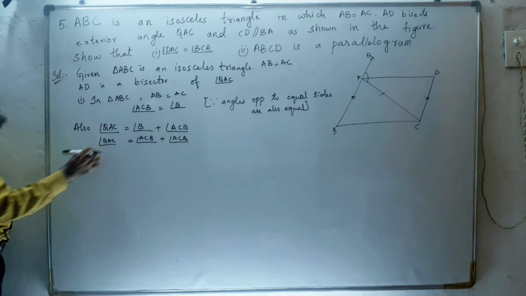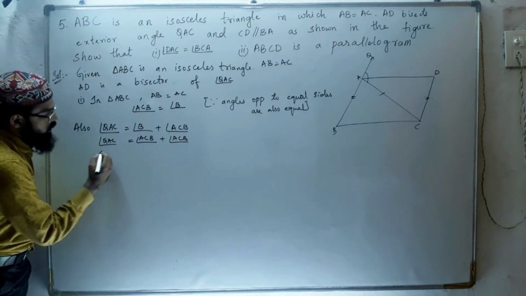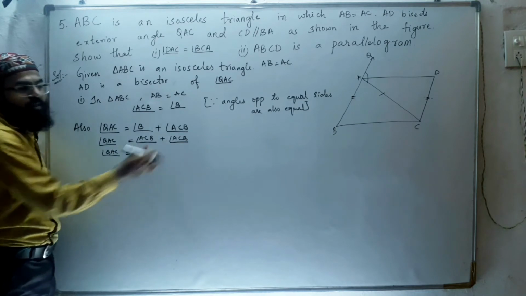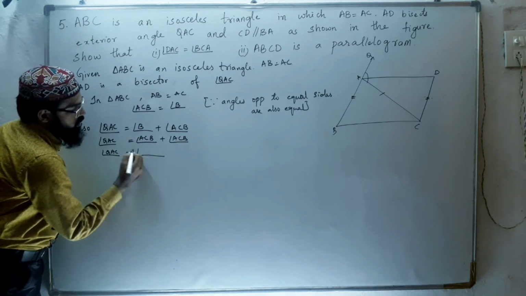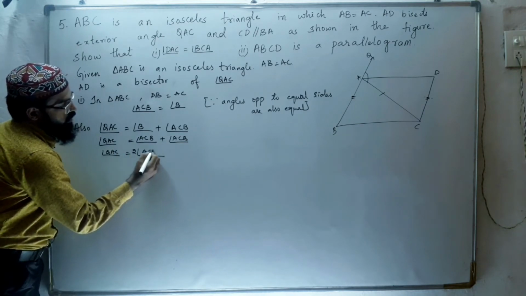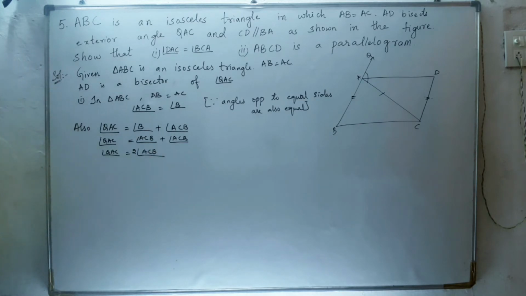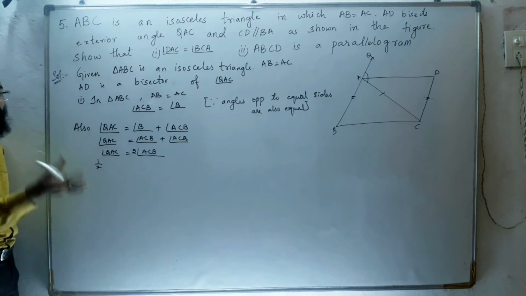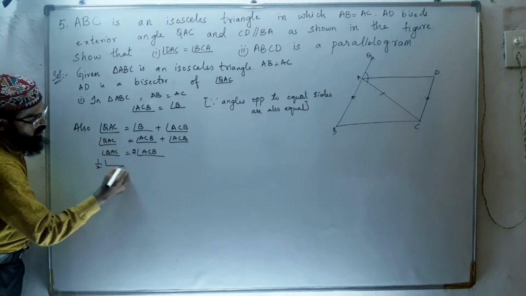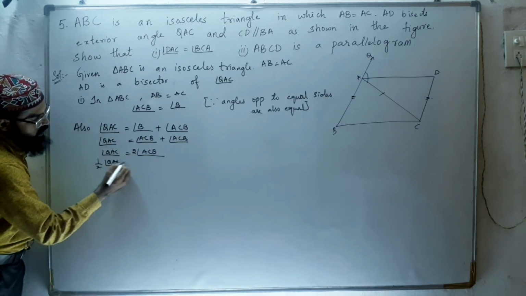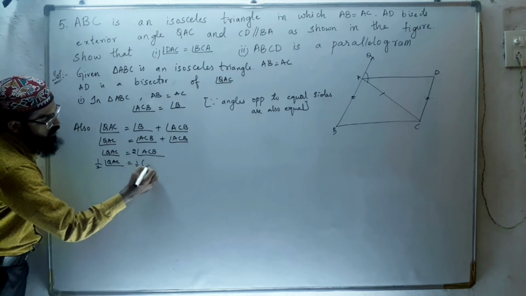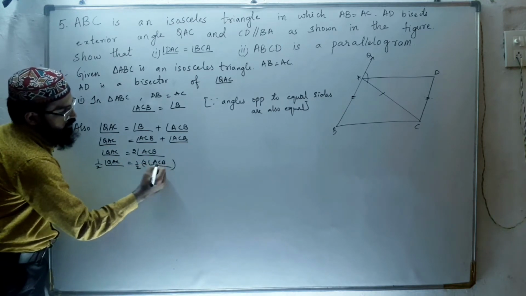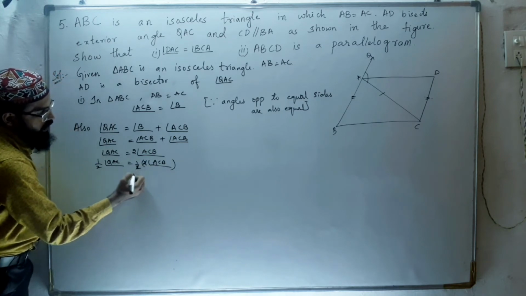Next, we can make the half of this. So QAC is equal to 2 angle ACB. Applying half on both sides, half of angle QAC is equal to half of twice angle ACB. So the 2 gets cancelled.